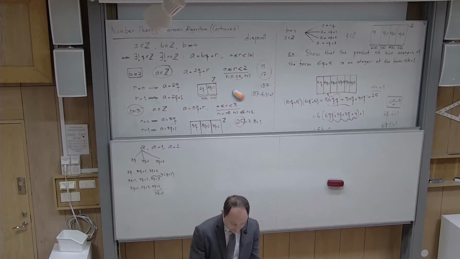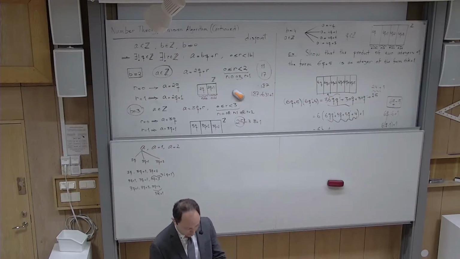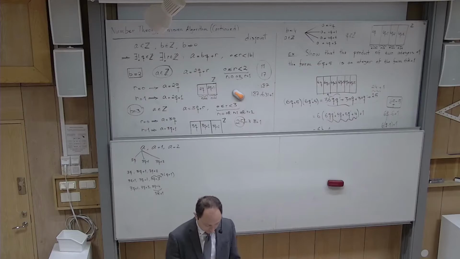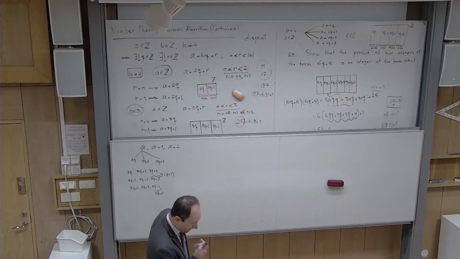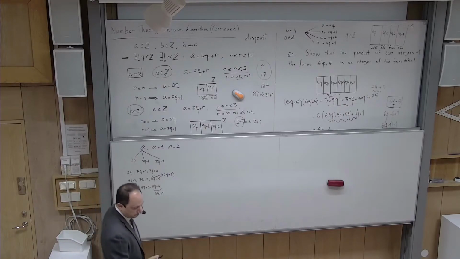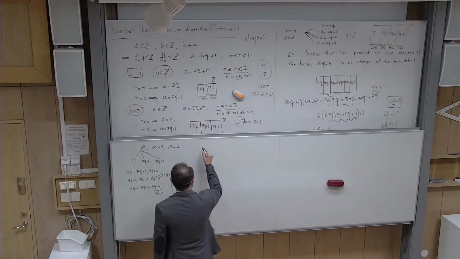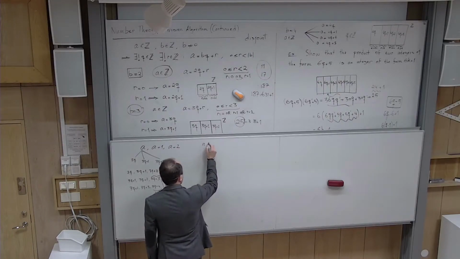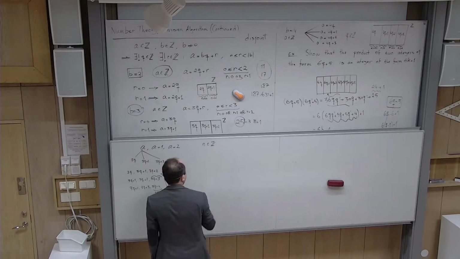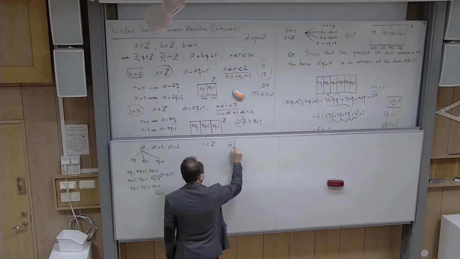Okay. Now let me see if we have more interesting examples. For example, I would say that n is an integer. We want to prove that 6 divides this combination.